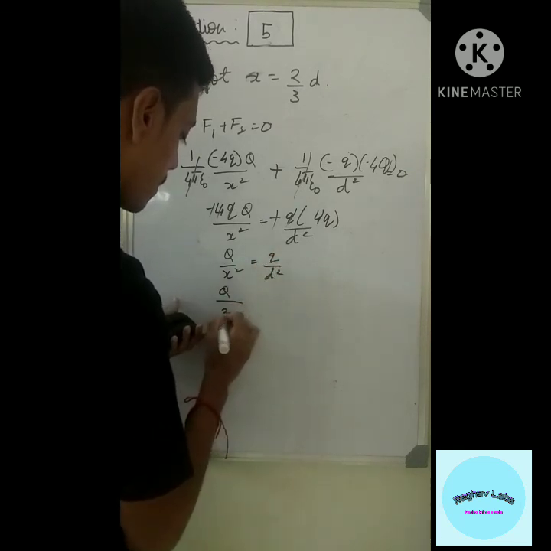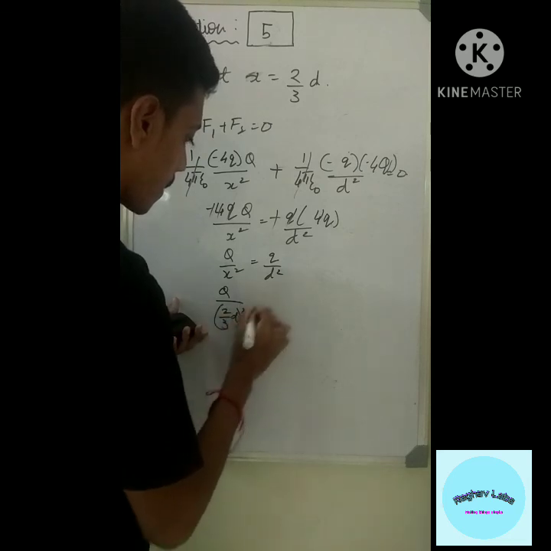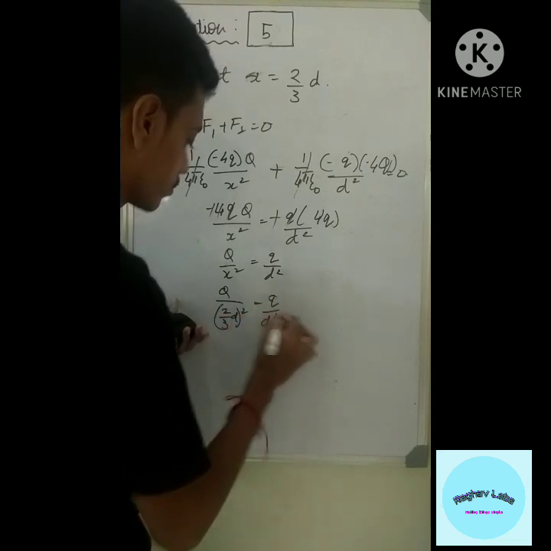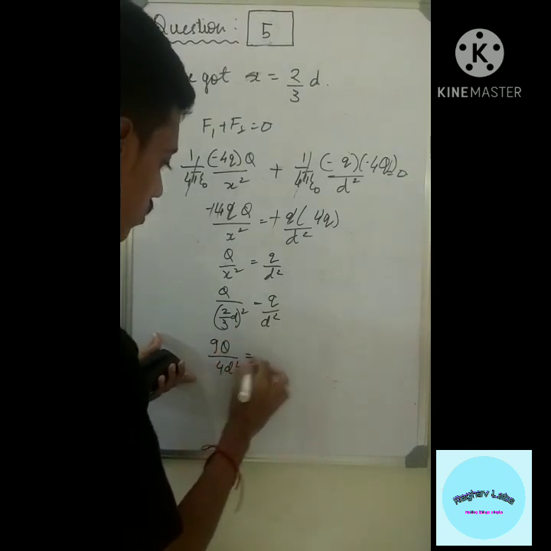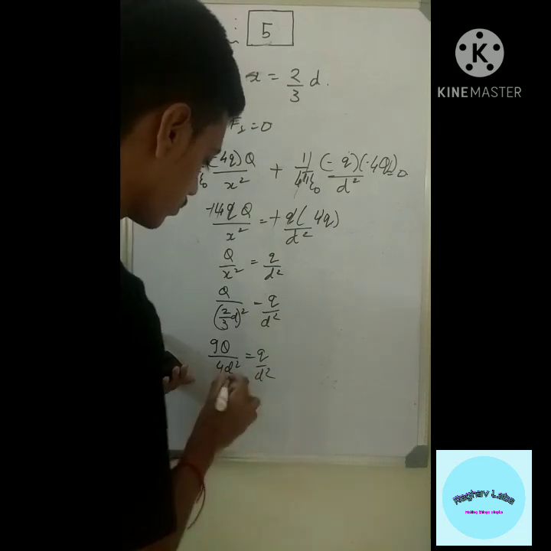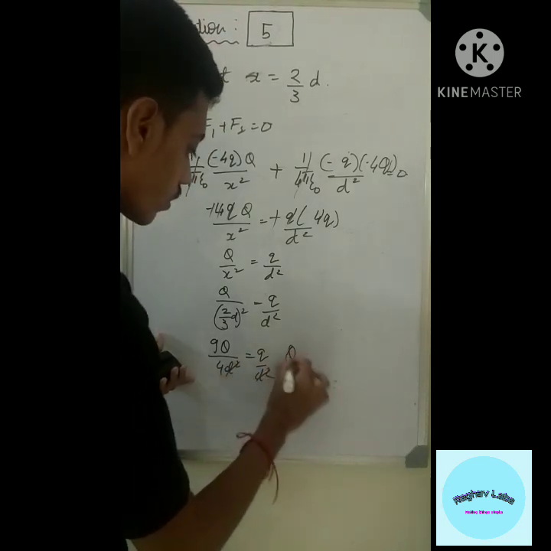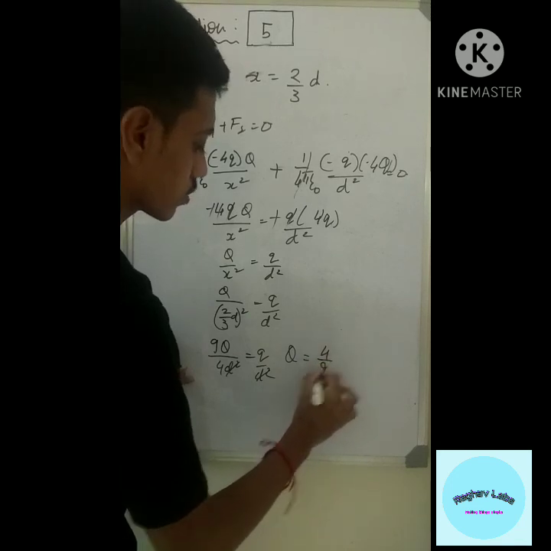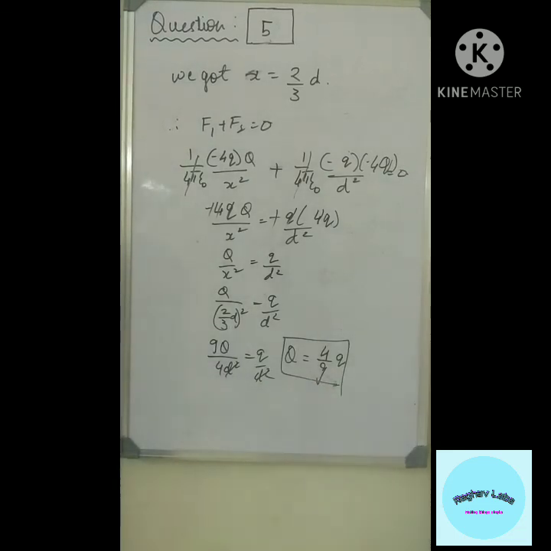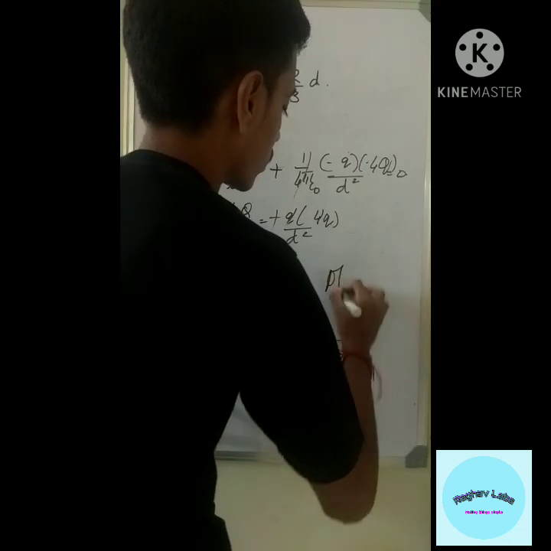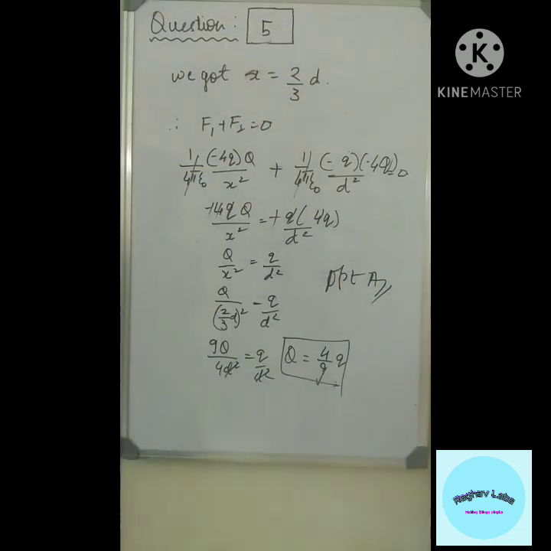So we got the value of x to be 2 by 3 d. So 2 by 3 d the whole square is equal to Q by d square. 9Q by 4d square is equal to Q by d square. d square gets cancelled. So the value of Q in terms of small q is 4 by 9 q. This is given in the options, let me see which option this is. Yes, option A. Thank you.